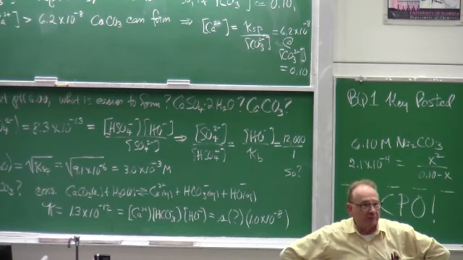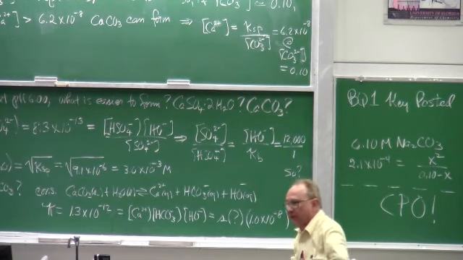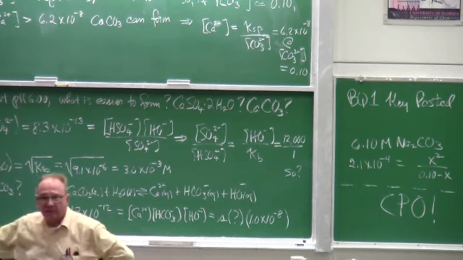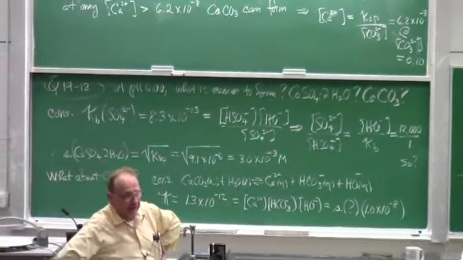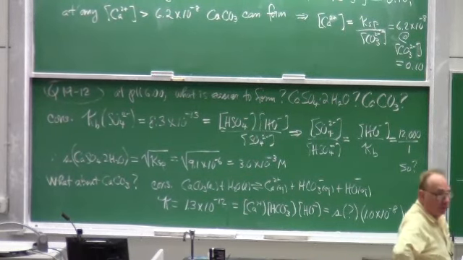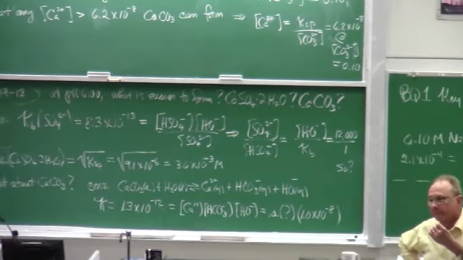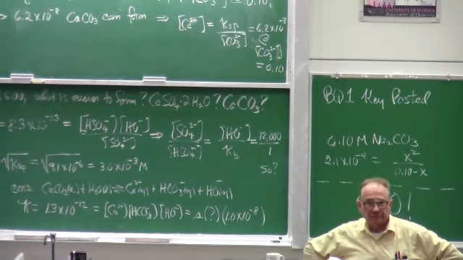Then we did some arithmetic on calcium carbonate solubility in water solution buffered at pH 8, and found that the solubility went up to about 1.1 times 10 to the minus 3, if my memory's right. I think it is. So when you cause the pH to decrease from 10 to 8, the solubility increased about 8-fold.